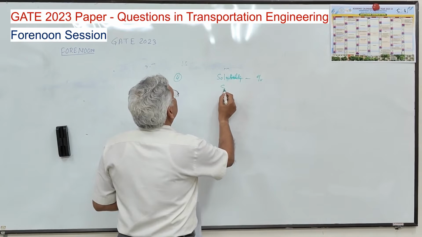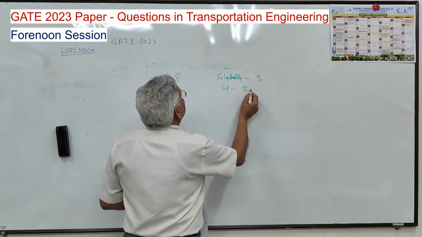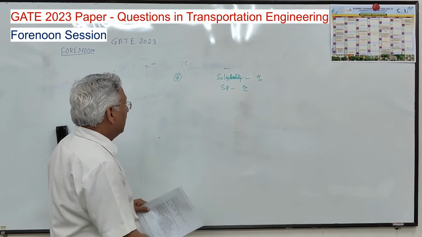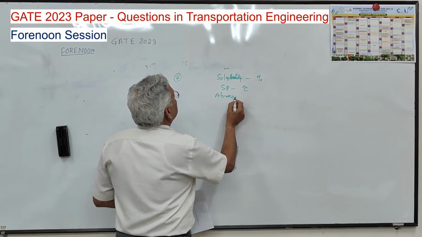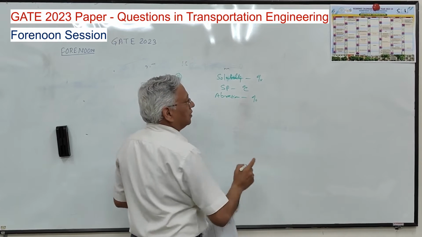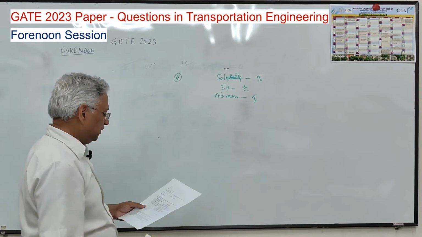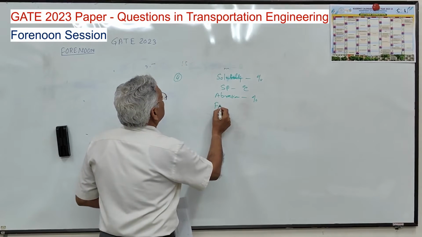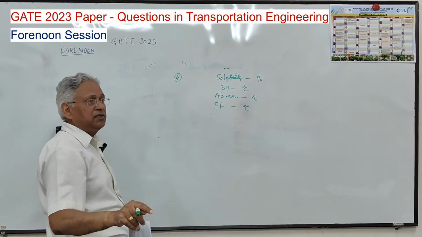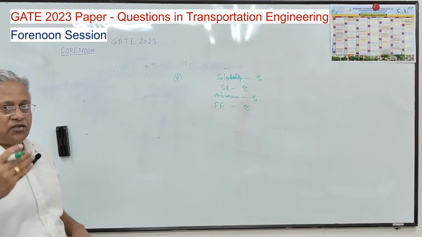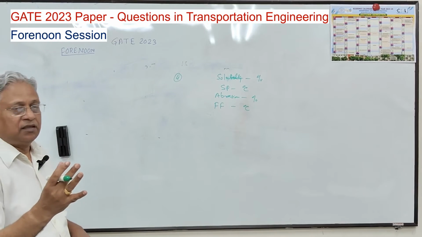So softening point is in degree centigrade. Los Angeles abrasion value is also expressed in percentage. There is a percent loss in the weight of the aggregate. Flash point and fire point, they are in degree centigrade. That is the temperature at which the bitumen will start flashing the fire.